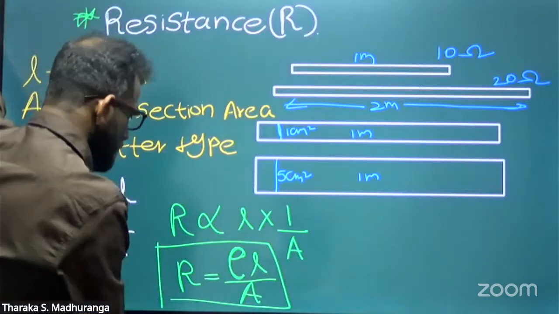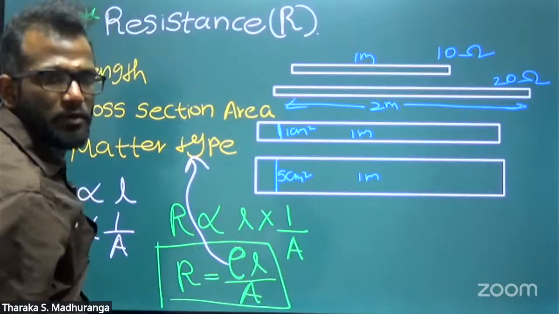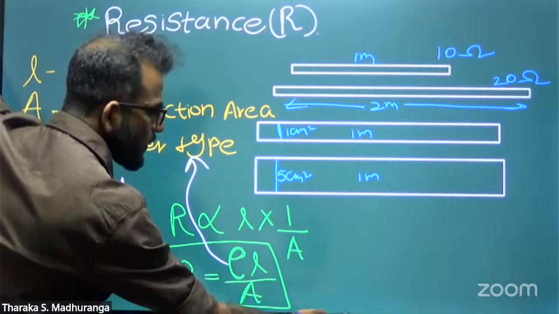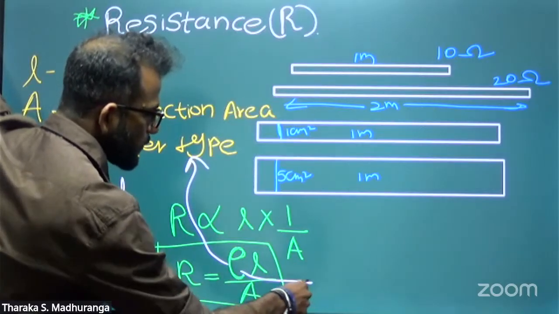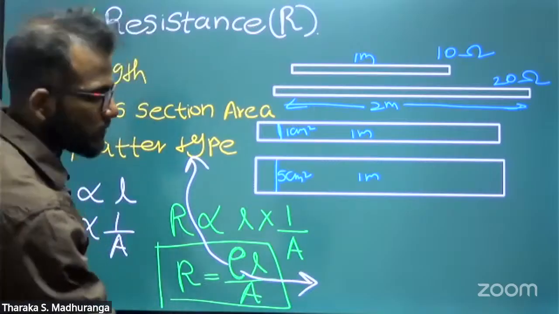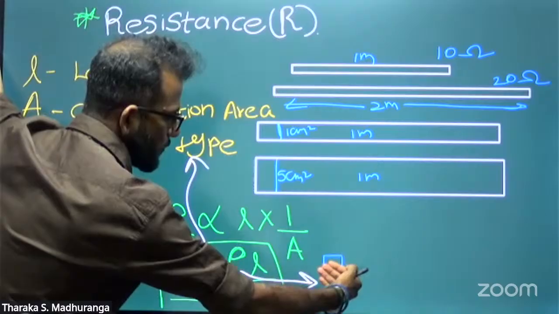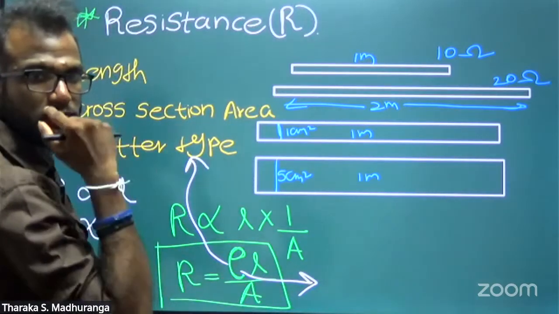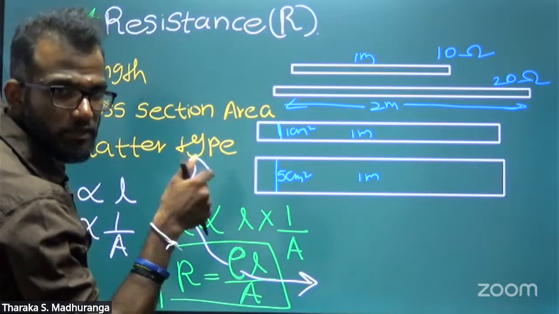That is the factor dependent on the matter type. Okay, rho. Do you know the name of the rho? Amar, do you know the name of the rho? That's a constant dependent on the matter type.